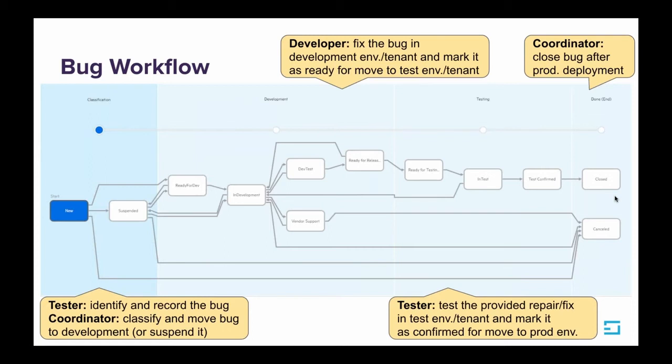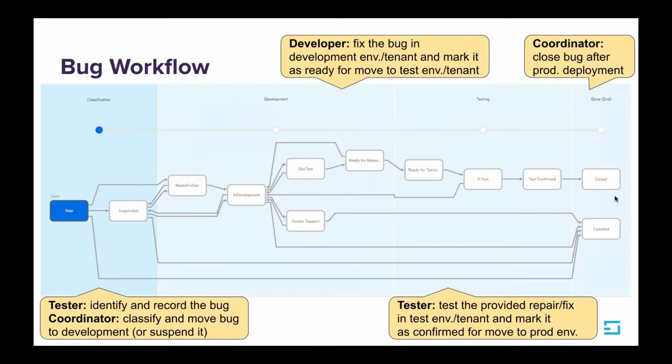Or, the main path: when it's repaired, or there is some provided hotfix, they move it to the dev test phase, which means some internal development testing in the development team, prepare some release notes, and move it to the ready for release phase in the development metaphase.